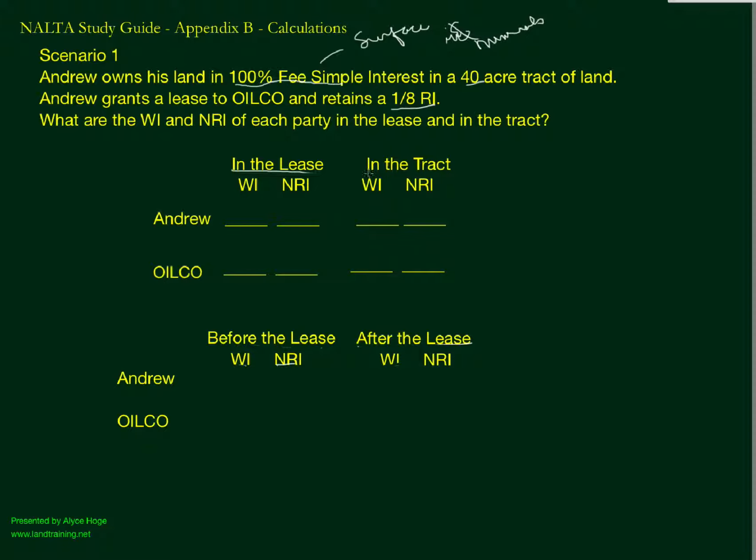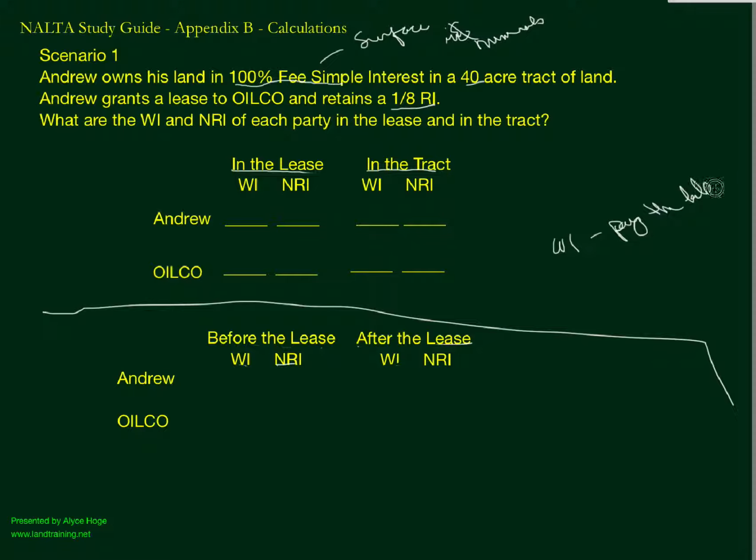Well, before we get to that, I want to give you a little bit of familiarity with terminology. You're going to hear the term working interest used. The working interest owner is the person or the entity that pays the bills. So let's look at this scenario.